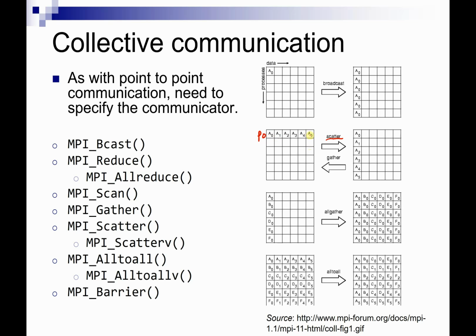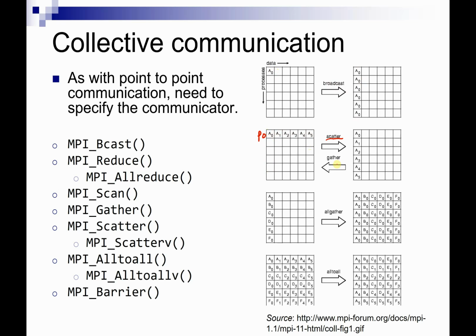So if we have 6 processes, then this first process has 6 different pieces of data that it wants to send to the 5 other processes. If you look at broadcast, here we're sending the same piece of data to all of the other processes. So that's the difference between scatter and broadcast.